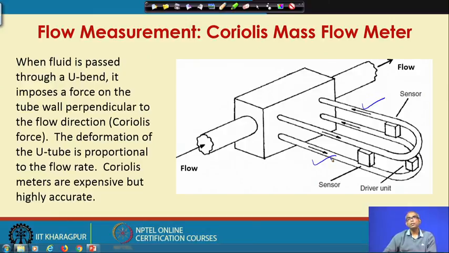In fact, there are several other geometries also possible. When fluid is passed through a U bend, it imposes a force on the tube wall perpendicular to the flow direction. This is Coriolis force. The deformation of the U tube is proportional to the flow rate. Coriolis meters are expensive but highly accurate.